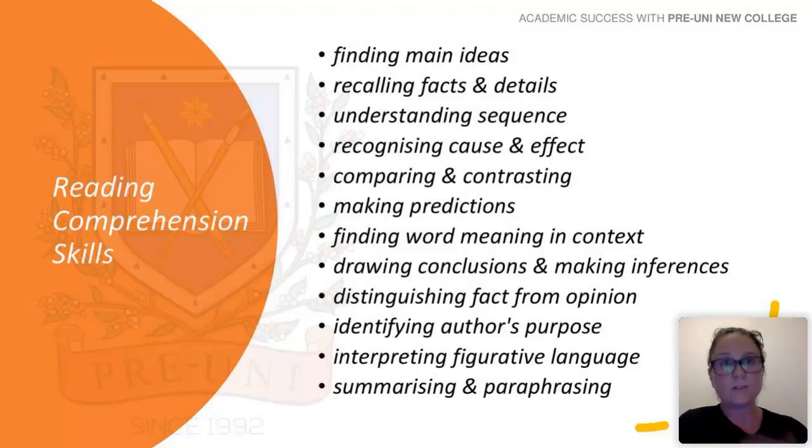Making predictions. So that's using the information that the students can gauge very quickly from looking at the extracts, and then making predictions about what they expect to find in the questions. But the questions also ask inference style information of them. Finding word meanings in context.